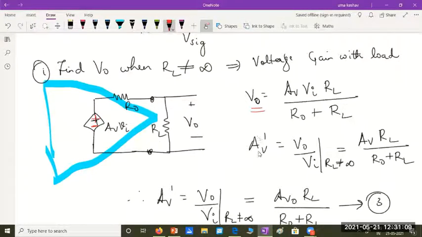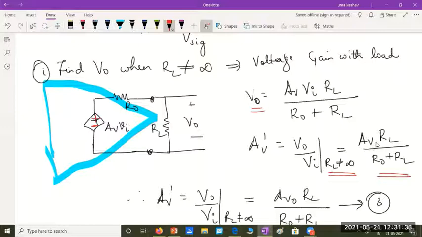Therefore, let me try to find the voltage gain with load. How do I define it? Output voltage by input voltage when load resistance is present, when RL is not infinity. So what would its value be? I have taken VI to the left hand side, so I'll get the ratio V0 by VI. You have AV RL by R0 plus RL on the right hand side.